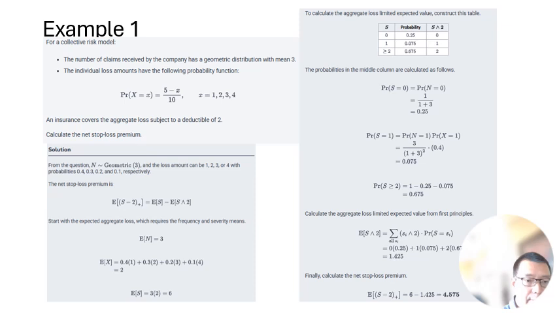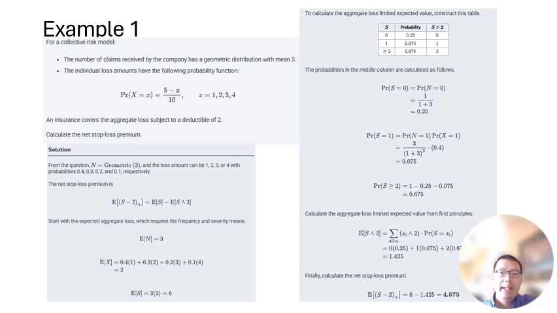Then the expected severity E[X] will be equal to the probability times the value of X, and you sum them up. So it's 0.4 times 1 plus 0.3 times 2 plus 0.2 times 3 plus 0.1 times 4, which is equal to 2. So your expected aggregate loss E[S] will be equal to 3 times 2, which is equal to 6.